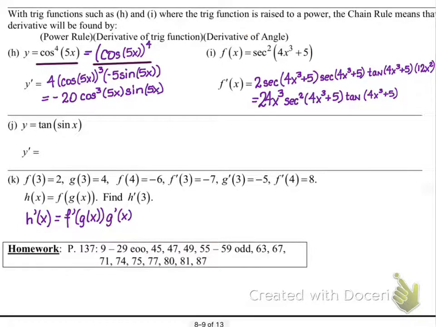I very rarely have a student who can find h prime of 3 without really explicitly stating this first. Do that first. Do it in that abstract, symbolic form before you go any further.